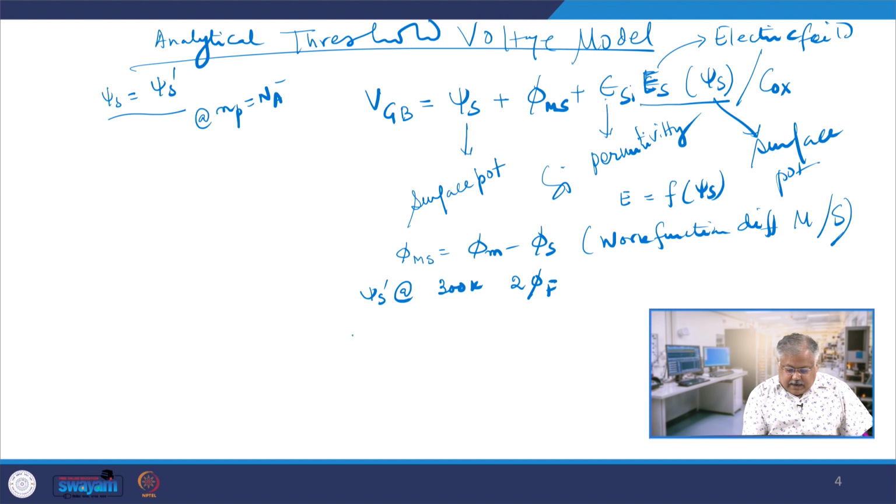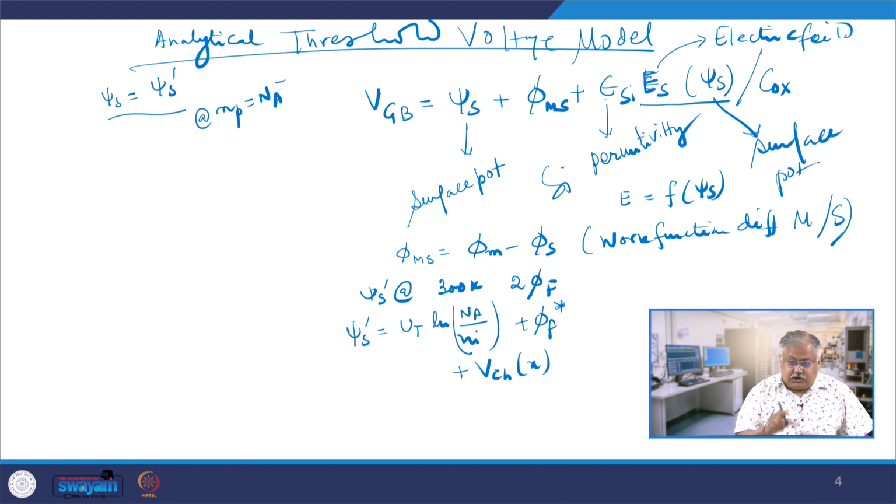Now, the way we write psi s bar is equal to Ut ln of Na by Ni plus phi f star, which is the change because of low temperature, plus the channel potential, which is a function of x. x is 0 at the source end and x equals L at the drain end.